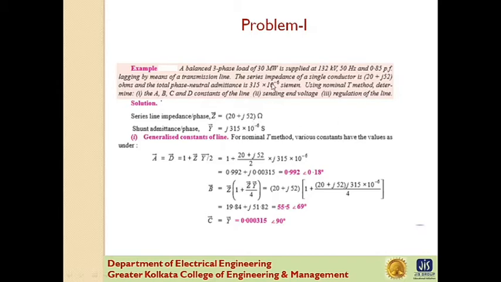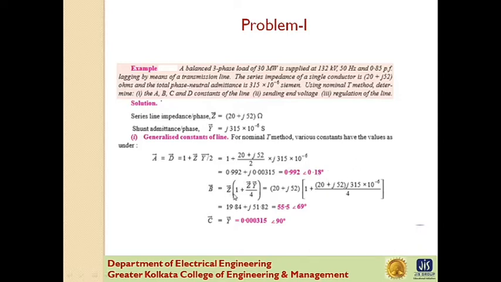These values are already given. Now put the values of z and y, and by solving we get the value of A and D, which is equal to 0.992 plus j0.00315, and transferring it to polar coordinates we get 0.992 angle 0.18 degree.